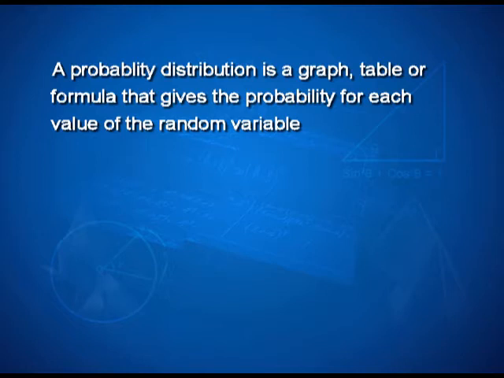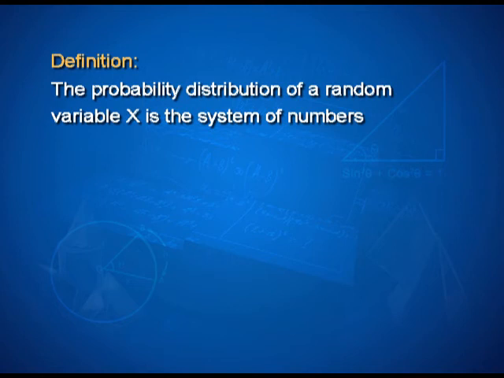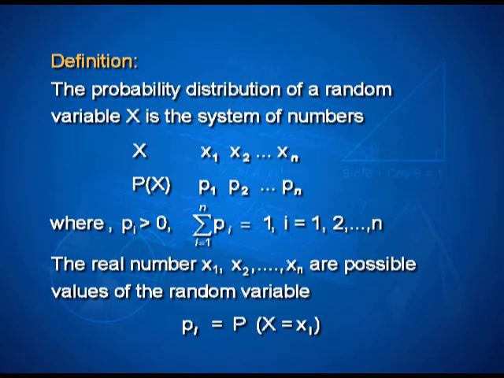More formally, we define probability distribution of a random variable x as a system of numbers, x taking values x1, x2, x3 up to xn, which are the values of the random variable, and Pi is the corresponding probability. So, Pi represents probability of x equal to xi, and that is what is referred to as a probability distribution.